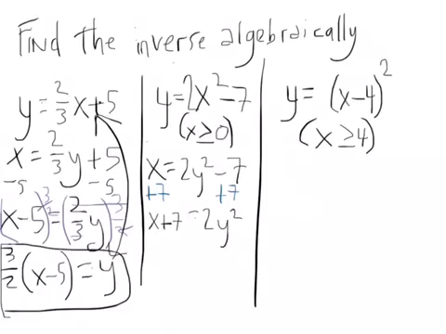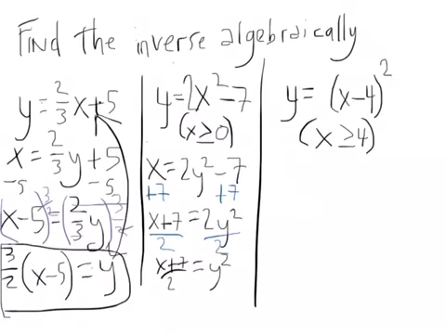So what I'm going to do then is divide both sides by 2. And if I do that, I get left with x plus 7 over 2 equals, sorry about my ugly equal sign, y squared.